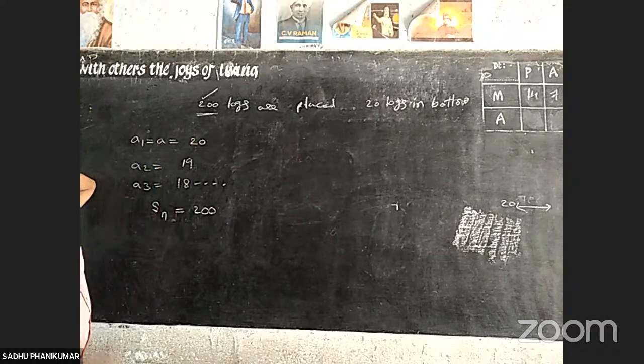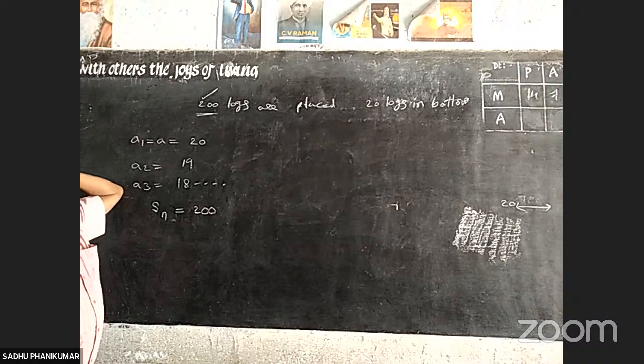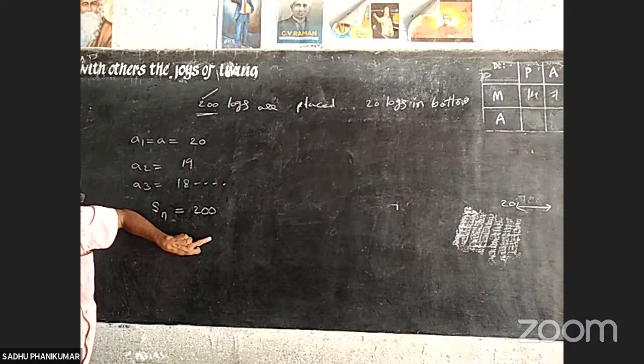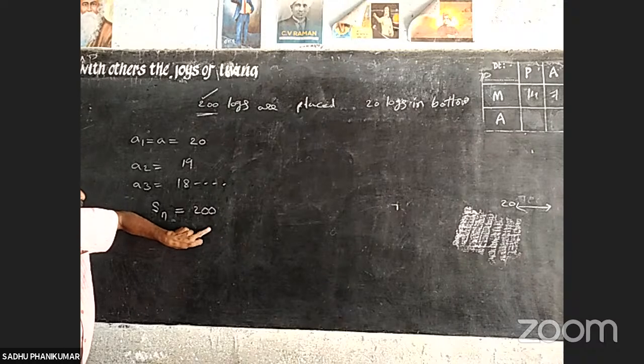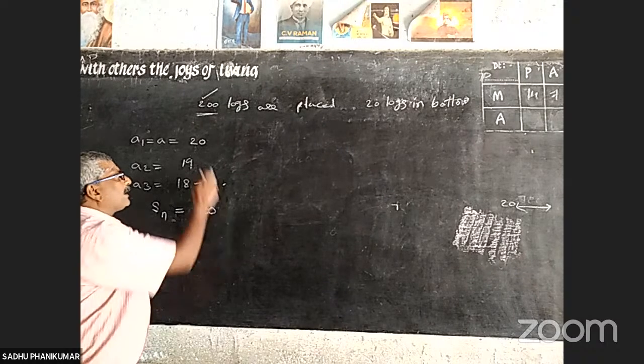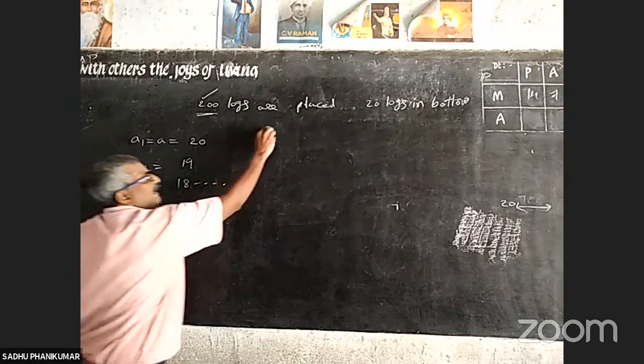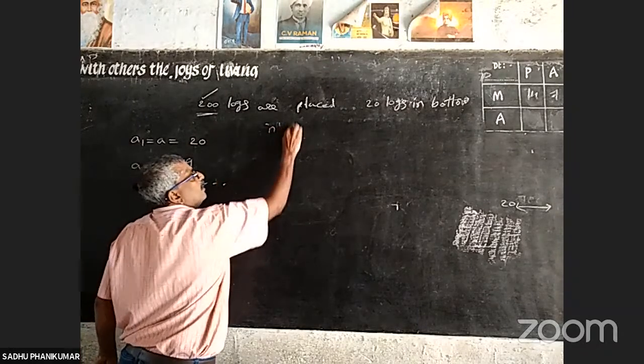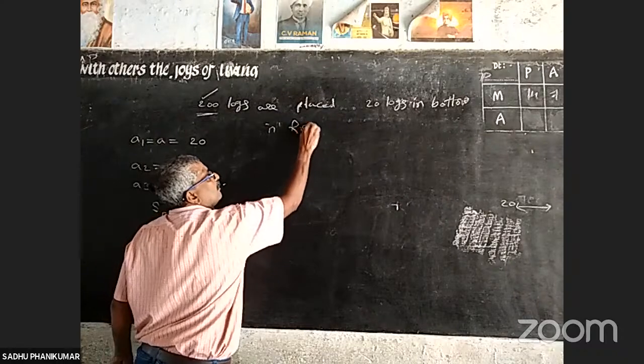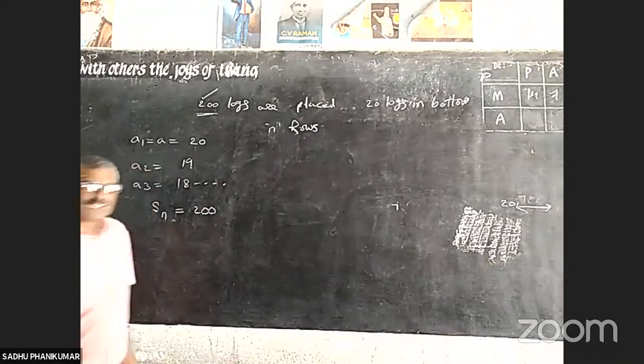What we have to find is the total number of rows they are arranged in. I am supposing there are n rows.